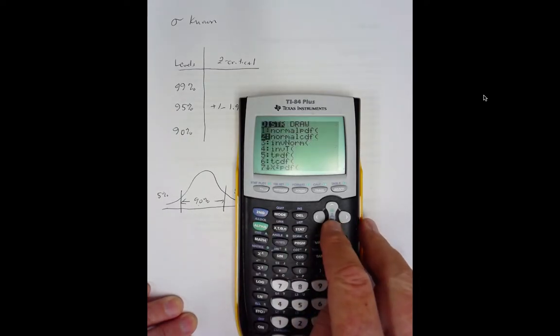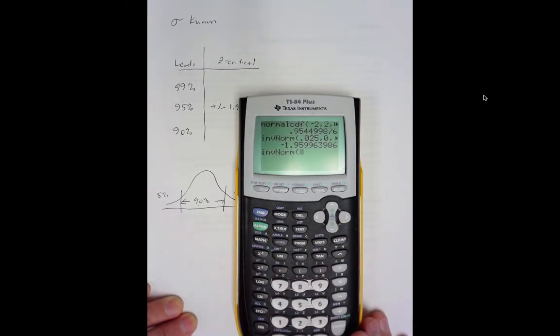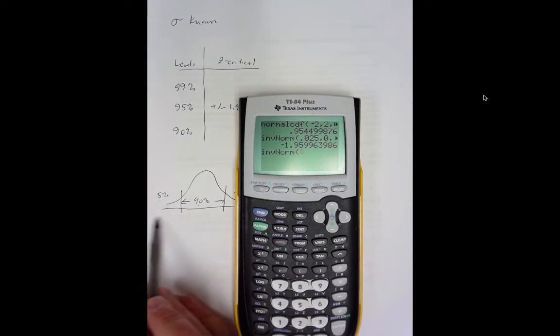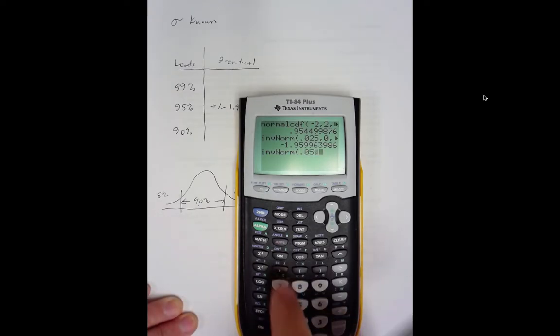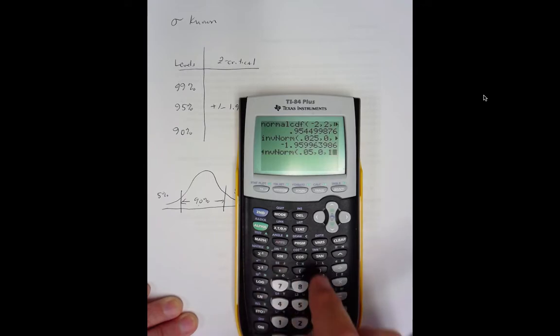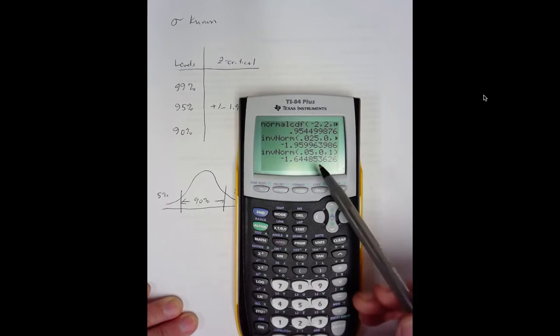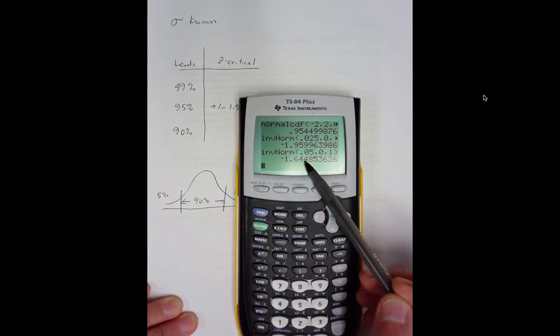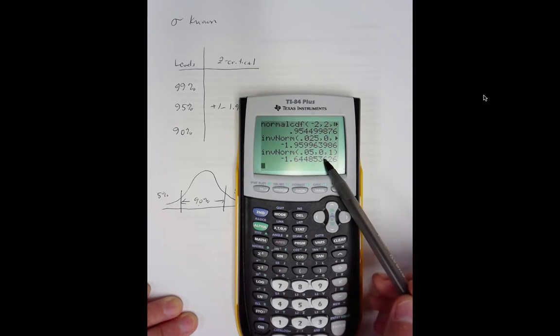So go inverse norm. So I want to concentrate on this one. I have 5% below. So negative 1.645. Now I'm going to go out to three places here because that's kind of a tricky rounding. It's not really tricky. It's just so close to 5,000 right there.